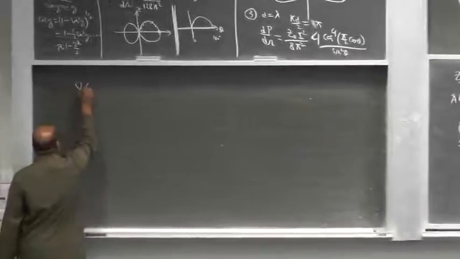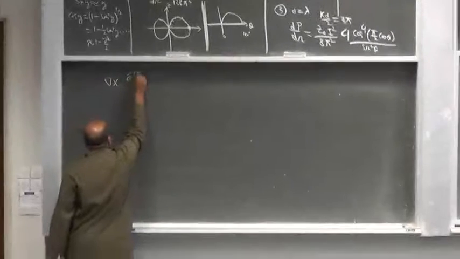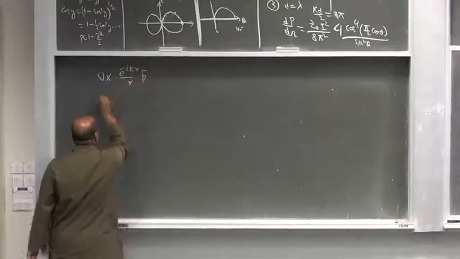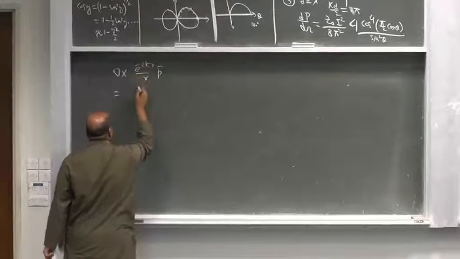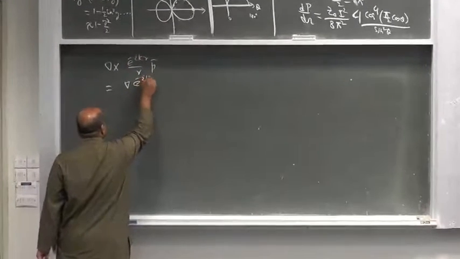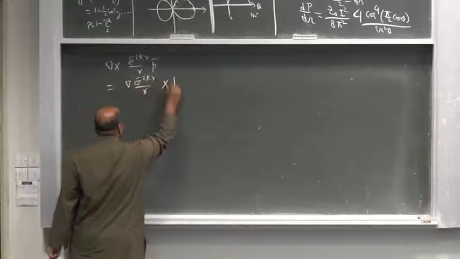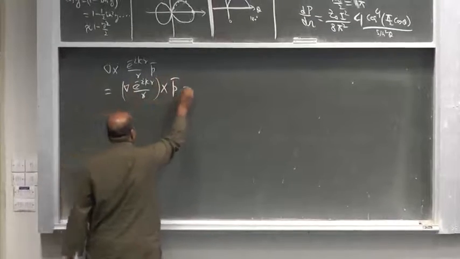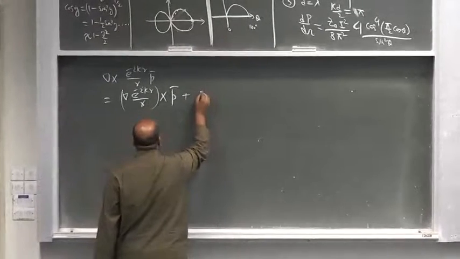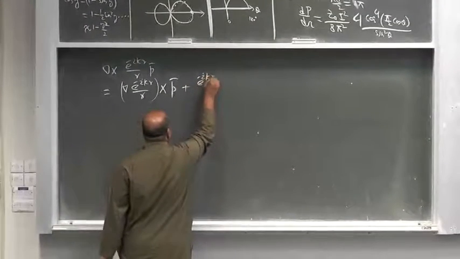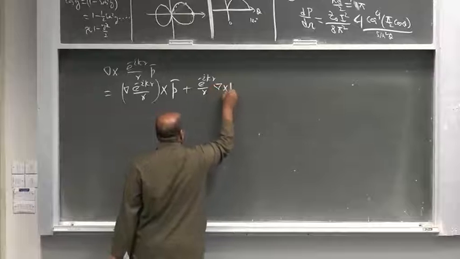Now del cross this thing is the del of scalar function times the vector plus scalar times the curl of the vector.